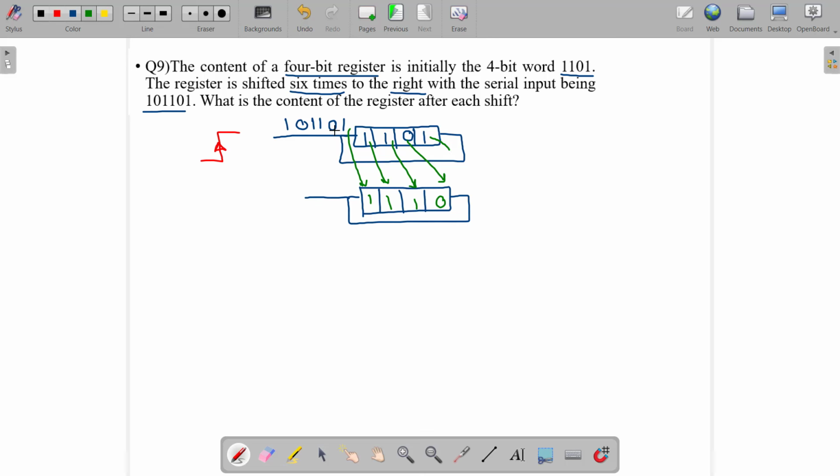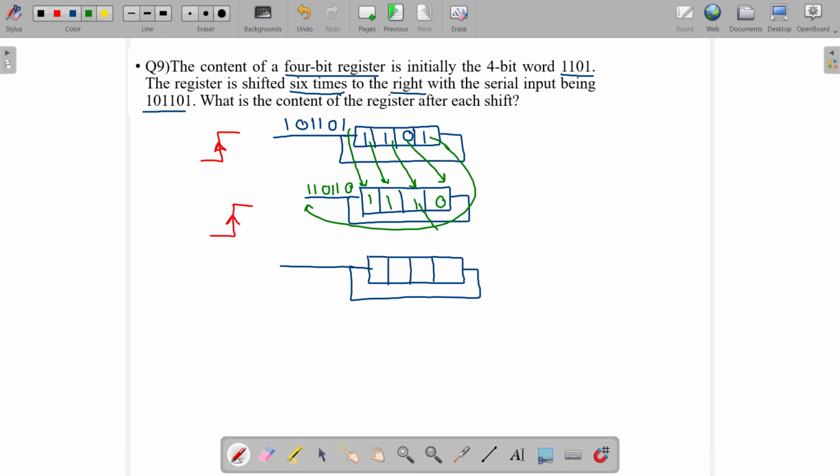So here this 0 comes here, 1, 1, 0, 1, and this one from here moves here, so here we will have 1.